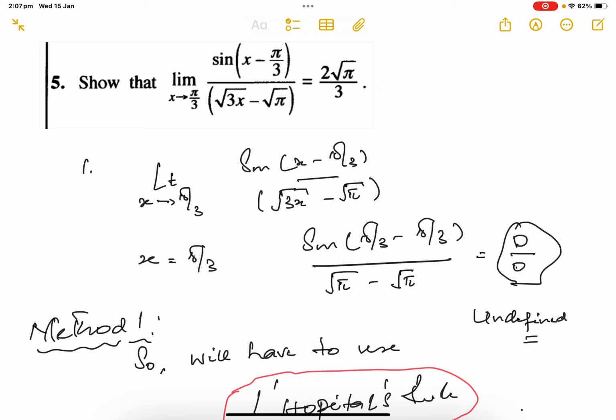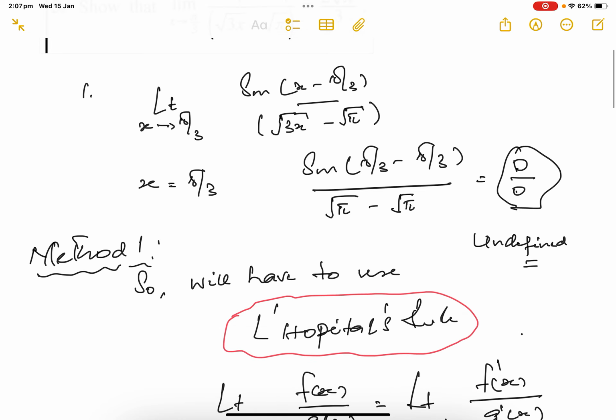Sine 0 is 0. And for the denominator, x equals pi over 3, so 3x equals pi. So root of 3x minus root of pi becomes root of pi minus root of pi, which is 0. So 0 over 0 is an undefined result.